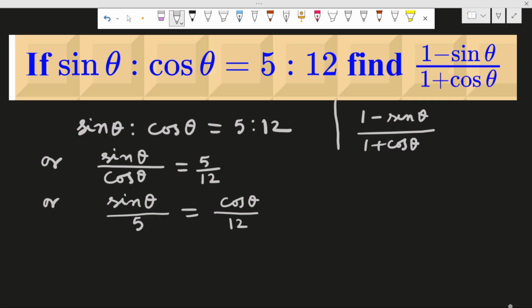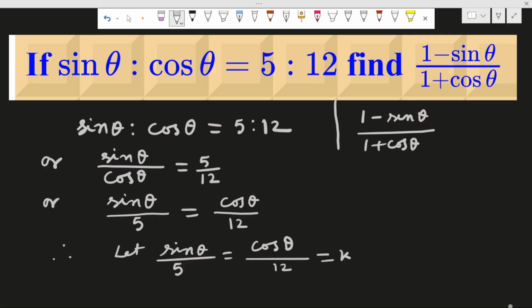Why have we written it this way? Because if we assume this is equal to something, then we can express sin theta and cos theta in terms of that. So let sin theta by 5 be equal to cos theta by 12 is equal to k.